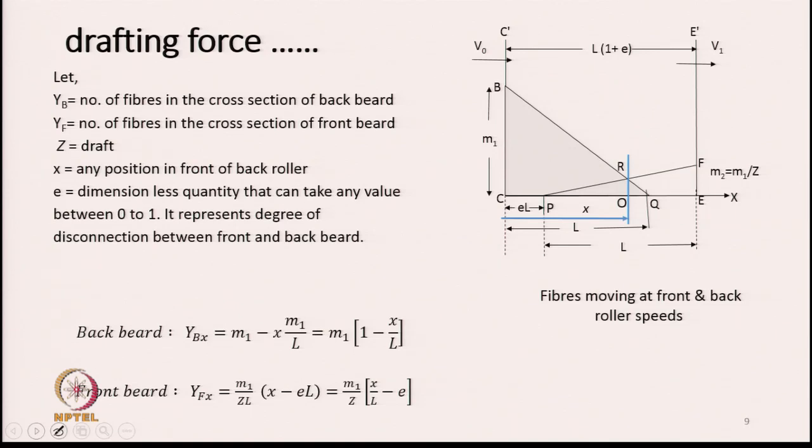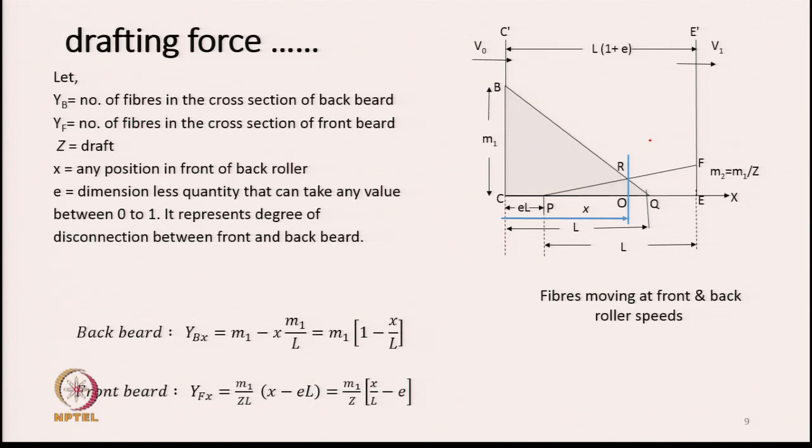So, let us say we have shown the position x, as if x is the point O on the draft field. O is at a distance x from the back nip, that is from the line CC dash.